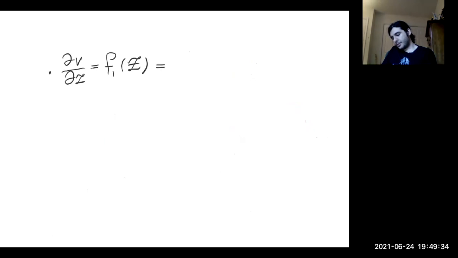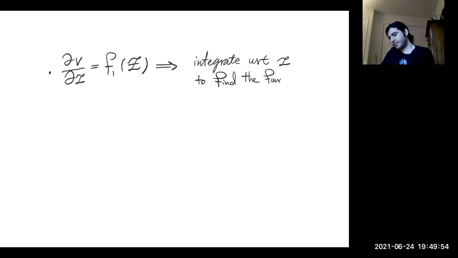Now, if we have this, we can integrate it to find v. So integrate with respect to z to find the function v. The derivative with respect to z and the integral with respect to z cancel each other almost.